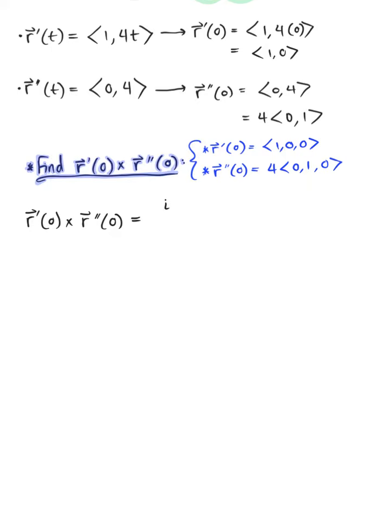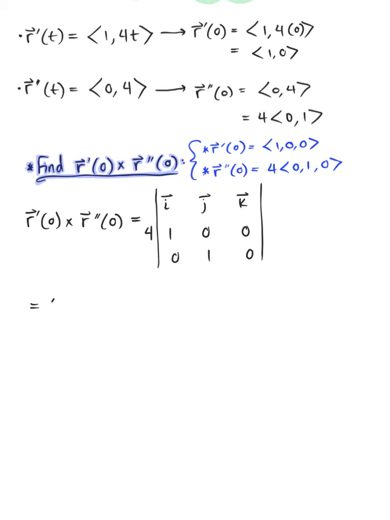Putting them into that 3 by 3 determinant, I have a row of unit vectors, i hat, j hat, k hat. The tangent vector has the components 1, 0, 0, and the acceleration vector has the components 0, 1, 0. Don't forget, I factored the scalar multiple of 4 out, so we want to keep that 4 on the outside of the cross product.